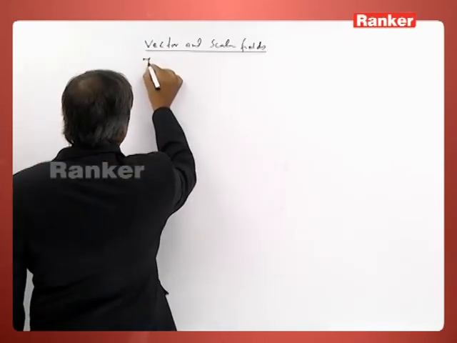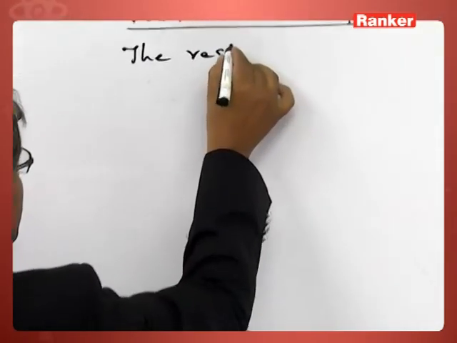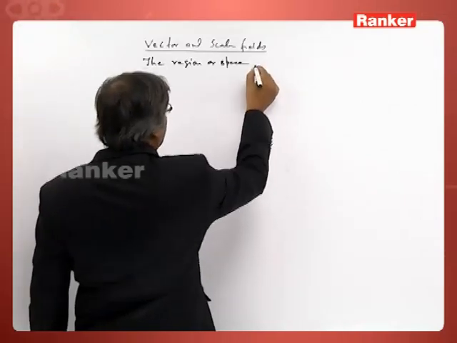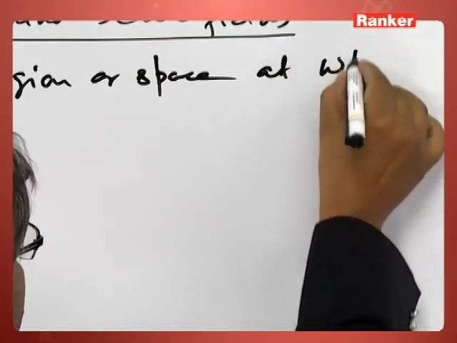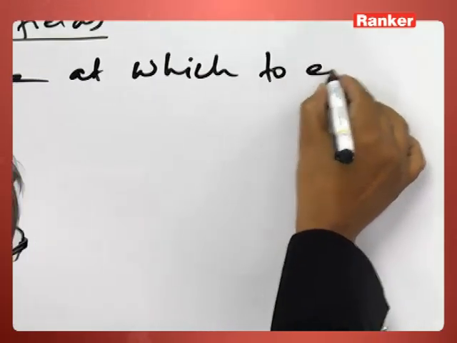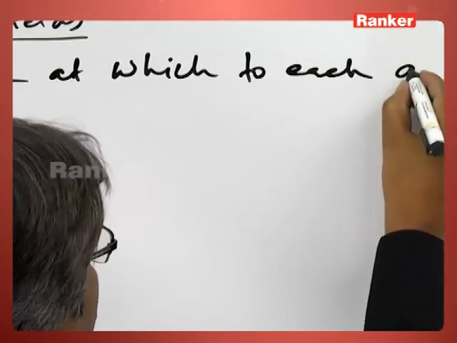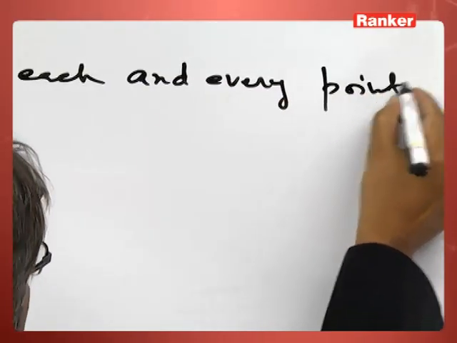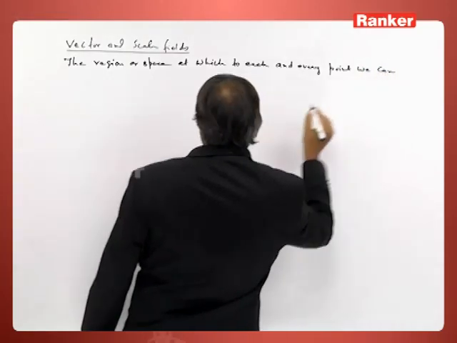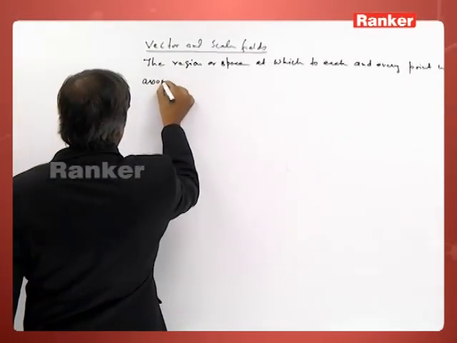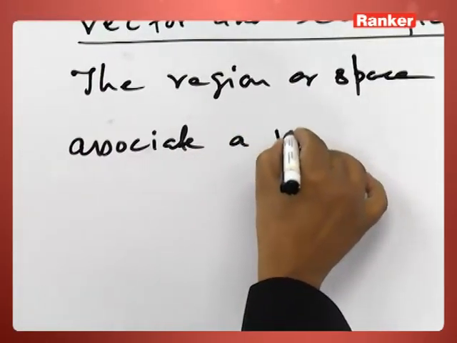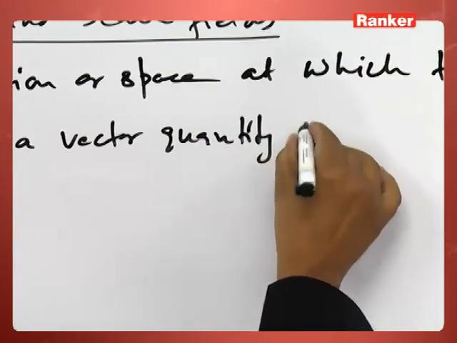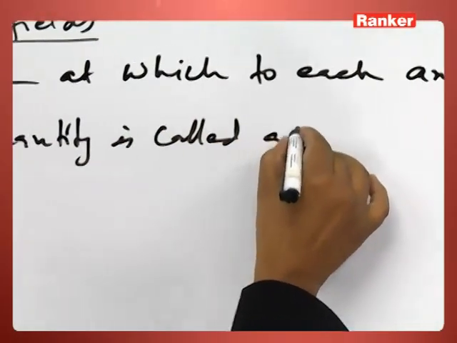The region or space at which to each and every point we can associate a vector quantity is called a vector field.